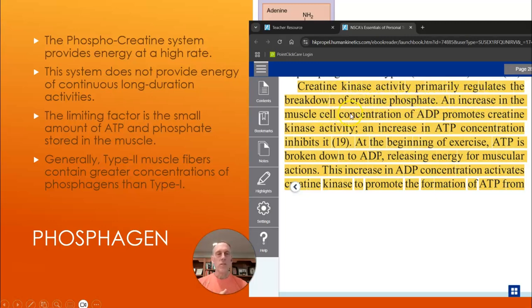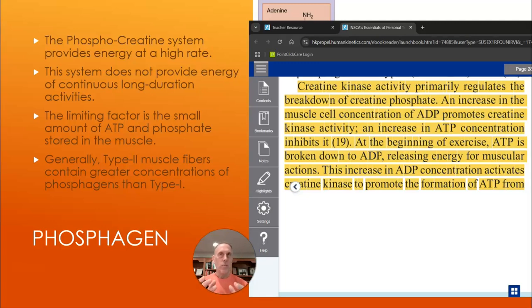An increase in the muscle cell concentration of ADP promotes creatine kinase activity, right? So that enzyme kicks into action as a result, because you end up having a bunch of ADP that needs another phosphate molecule to be able to become ATP. If you have a bunch of ATP, then you don't really need the increase of phosphate in the muscle. So you don't have this creatine kinase activity itself, right?